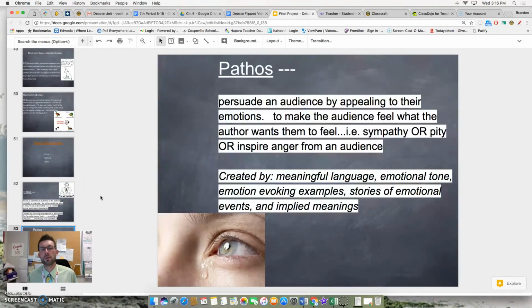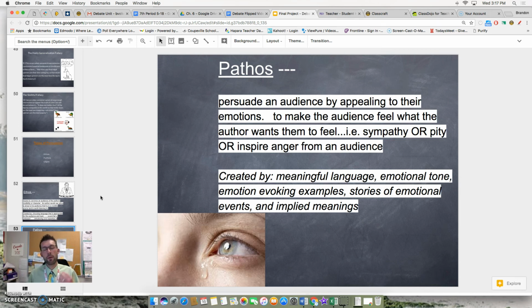The next one's called pathos. This is to persuade an audience by appealing to their emotions. You want to make an audience feel something specific. It could be sympathy, pity, or inspire anger from your audience and judges. Now you do this by choosing your language very carefully, language that makes people feel certain emotions.